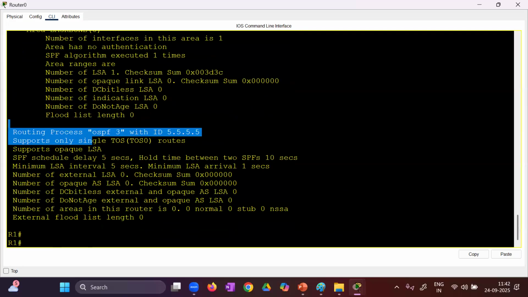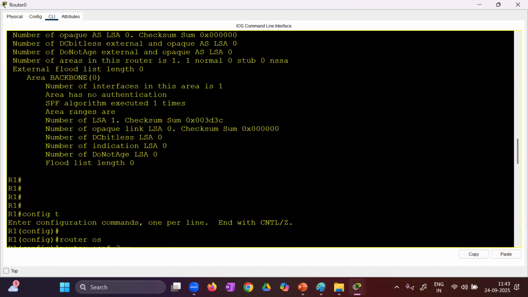No, I told you, the first method is manually. Manually, I can give any number. Correct? I have given that. So if I have given, it is taking. Got the idea? Understood? That we can run multiple different process IDs. And apart from that, we can even configure this router ID manually. Clear?